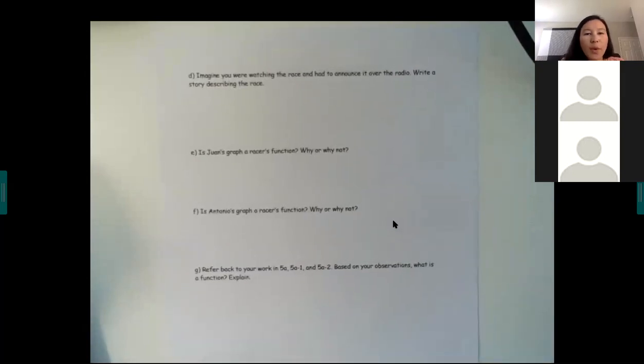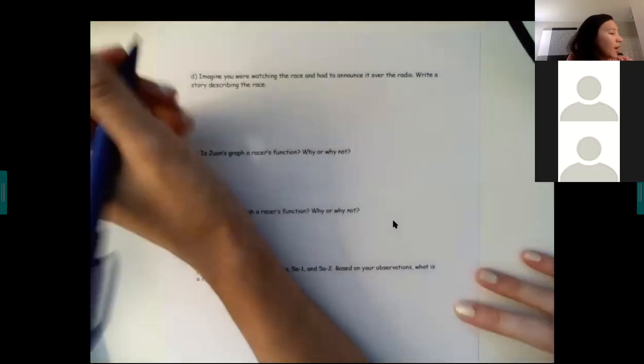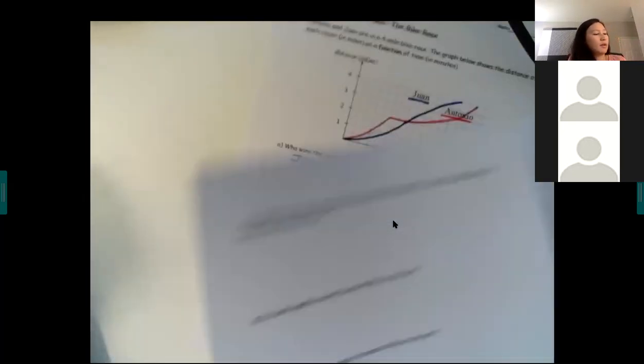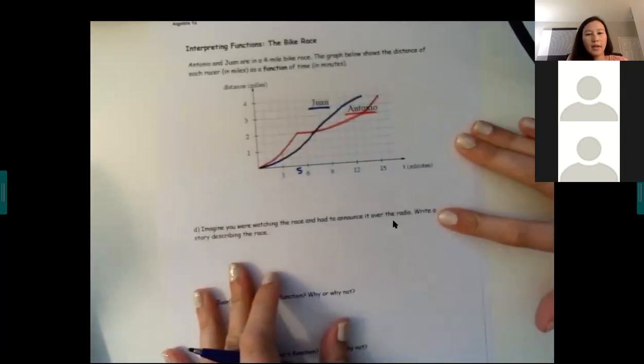D says, imagine you were watching the race and had to announce it over the radio. Write a story describing the race. So we can start off with, well, both here together so we can see.